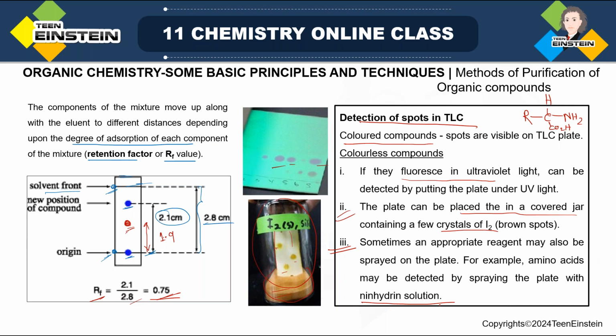Then there will be some intense color formation, mostly pink, magenta, red related color. Okay, so these are the different ways by which we can detect colorless compounds. And if the compound already has color, we don't have to use iodine or UV light or ninhydrin solution. Okay.